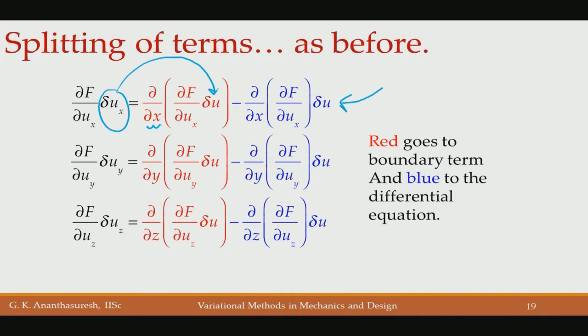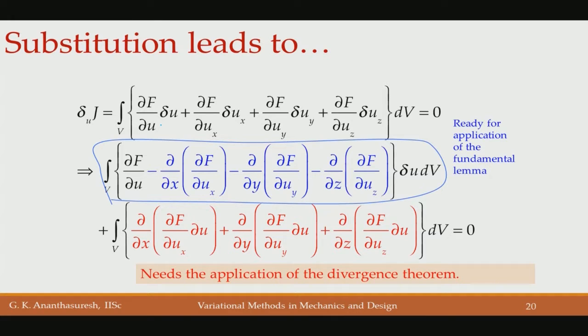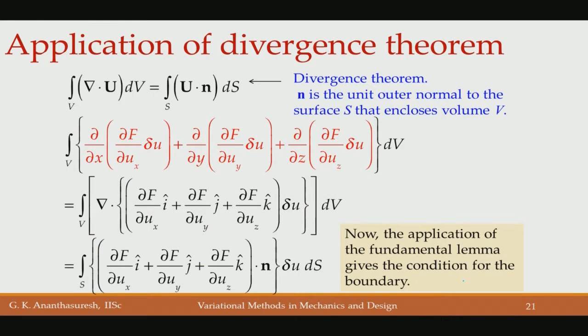So, either u is specified or ux is specified, the other one will be 0, and then we can go on to write the plate boundary conditions. So, if we do that, we get the differential equation part, delta u is arbitrary, and then we get this, and this one is in the volume integral, which we convert to a surface integral by using the divergence theorem. Okay. Divergence theorem is this.